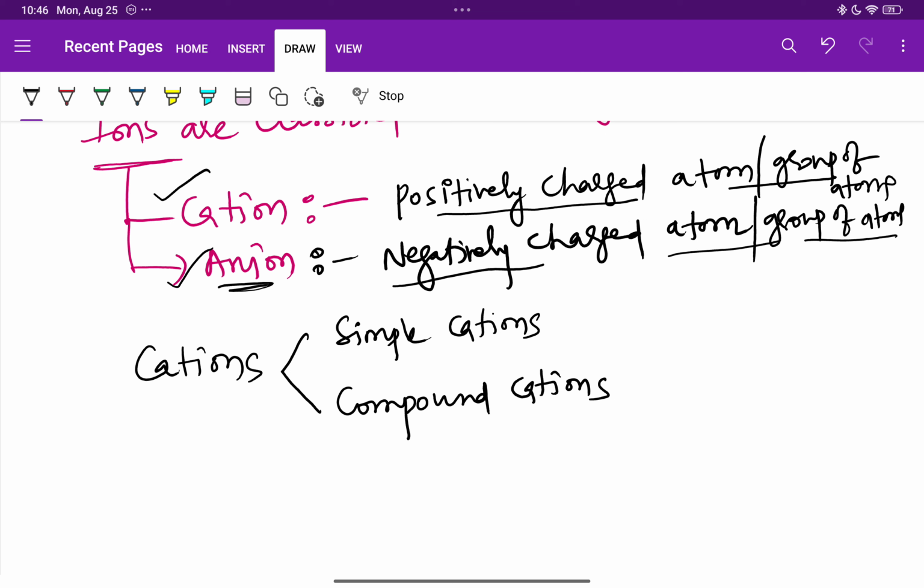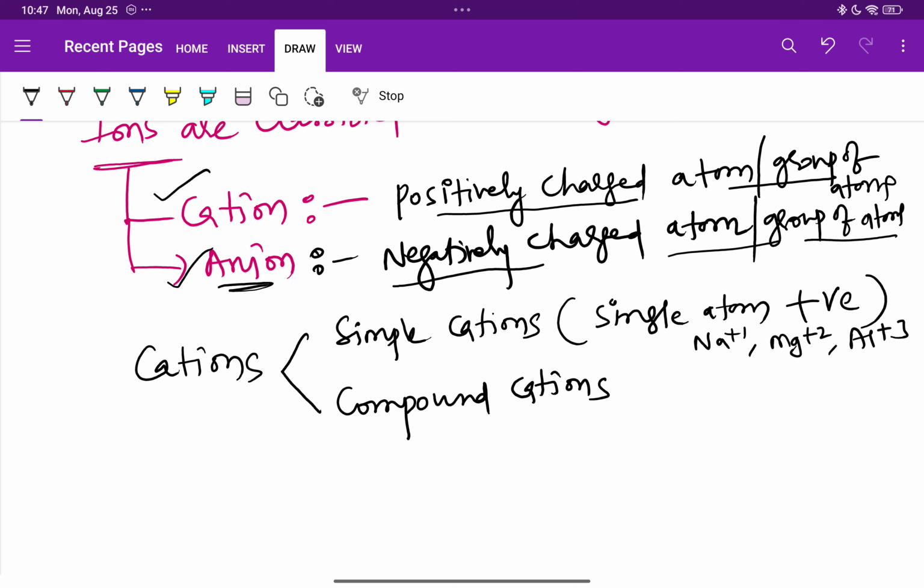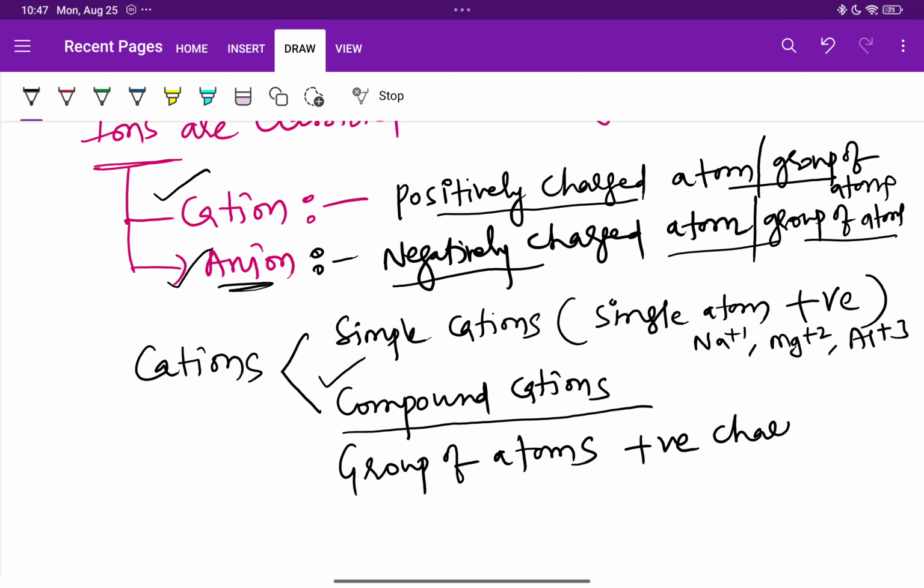Simple cations are those where on the single atom positive charge is present, like Na+1, Mg+2, Al+3. Compound cations are those where on the group of atoms positive charge is present.